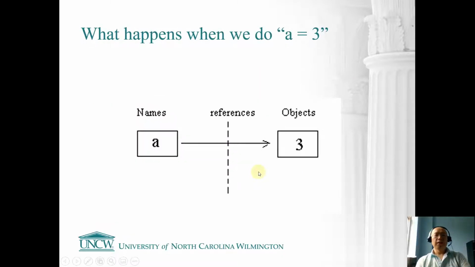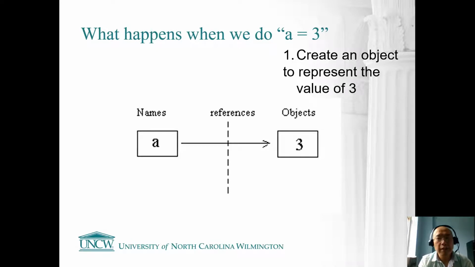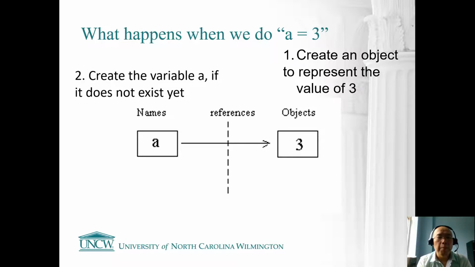So the next thing, we want to talk more about what happens behind the scene when we create a variable or when we update the value of a variable. If we do A equals 3, that is, we create a variable named A and initialize the value to be 3. The first thing is Python will create an object representing the value 3. Second, Python will create a variable named A if A is not in the naming table yet.